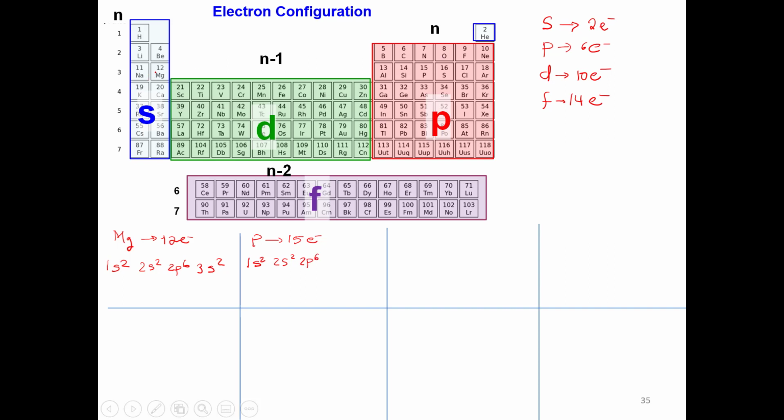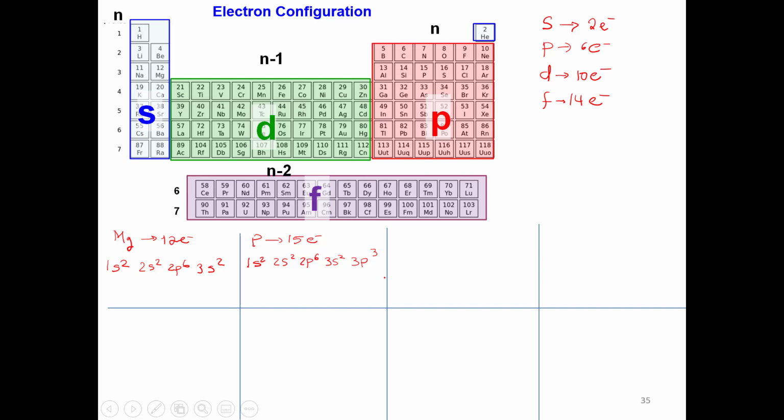Move to the next, 3s2 also is completed. Move to the right. Then we had here 3p because it's in the P block, and we count 1, 2, 3. And you can add the number of electrons. You had 4, 10, 12, 15 electrons. This is the electron configuration for phosphorus.